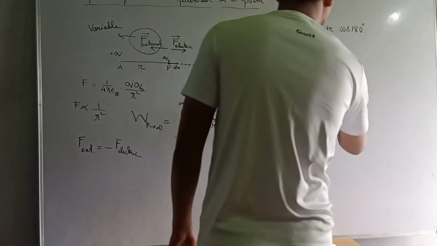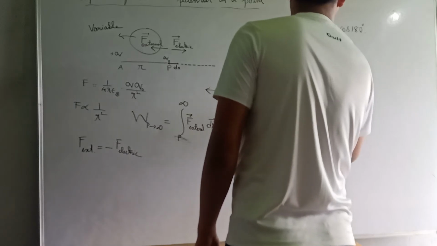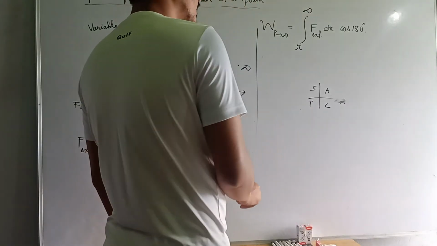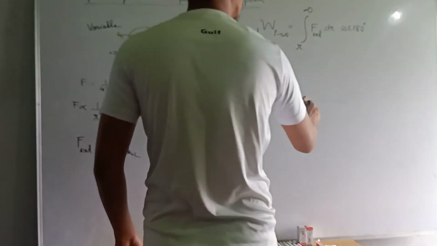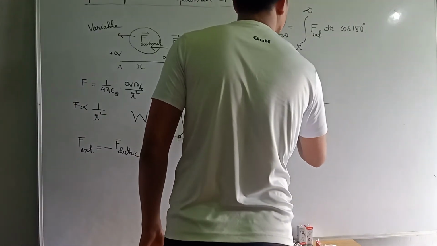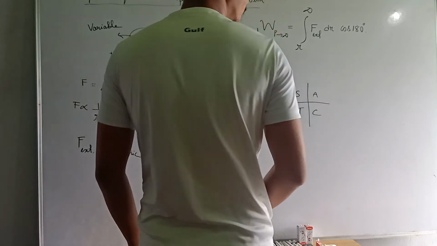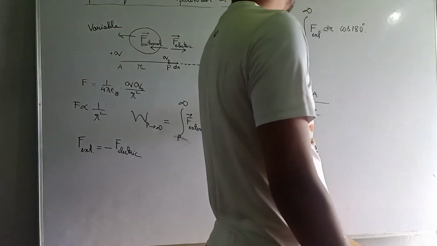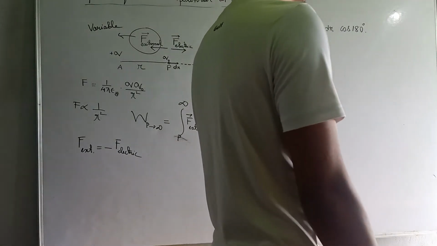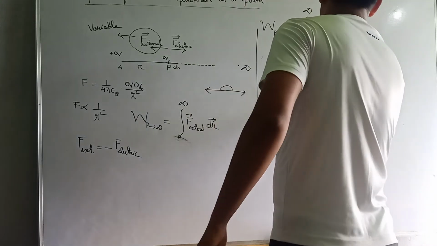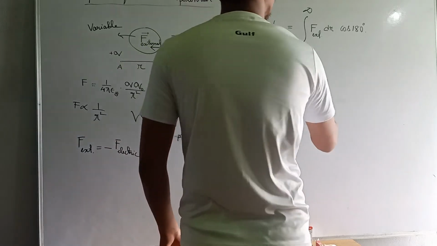If you remember, all silver teacups: 180 degrees is here, that means cos is negative in the second quadrant. So cos 180 degrees is minus 1.